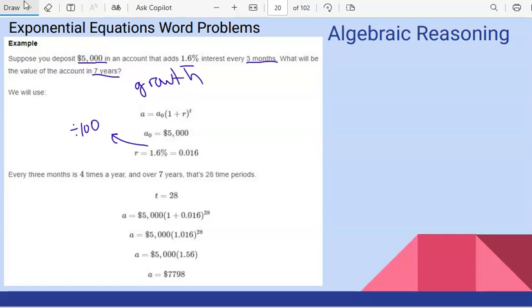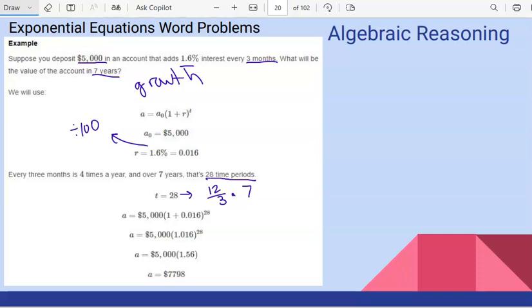It says every 3 months, which is 4 times a year. And over 7 years, that's 28 time periods. So 28 comes from 12 divided by 3, times the amount of years, which was 7.